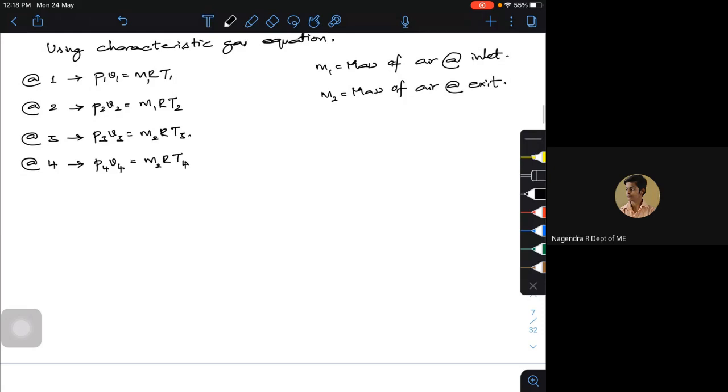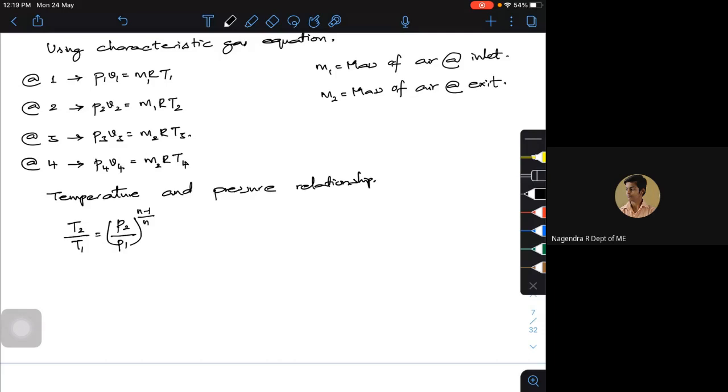Now let's try to write the temperature and pressure relationships. You know that T2 by T1 is equal to P2 by P1 whole to the power of n minus 1 by n.